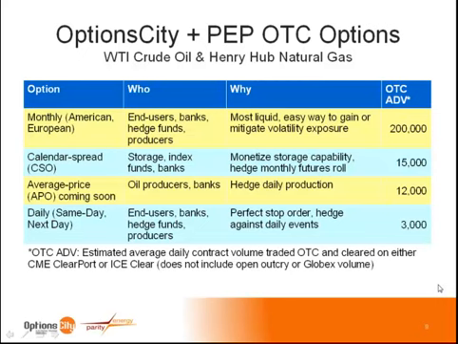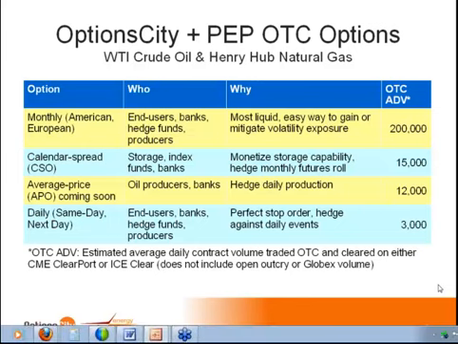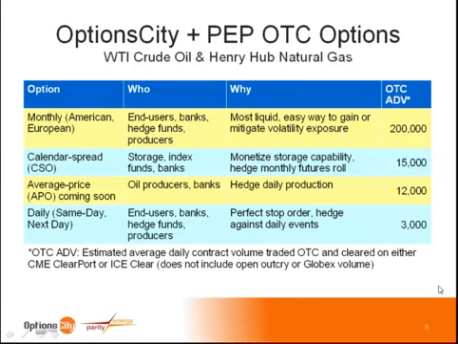APOs, which are currently available on PEP and will be coming to OptionsCity soon. Those are average price options, which are favored by producers and consumers in oil, and people use them for hedging and early production.